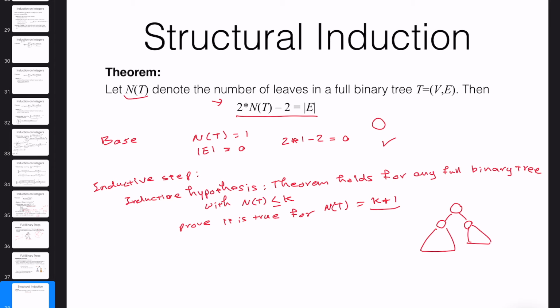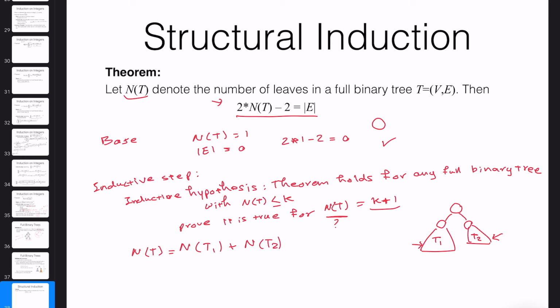There are some leaf nodes here and some leaf nodes here. Let's call this one T1 and this one T2, right? The number of leaf nodes in the tree that we want to prove the theorem for is going to be the number of leaf nodes in T1 plus the number of leaf nodes in T2, right? There are no other leaf nodes.